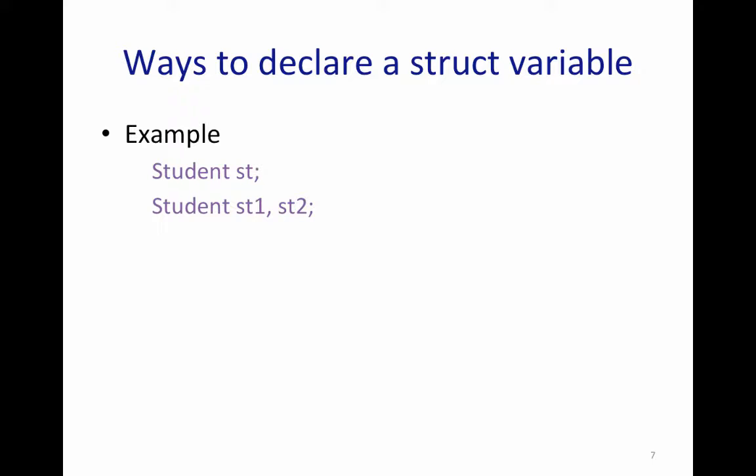So it looks like just any other variable declaration. And you don't have to put the word struct in front of it, it's just student. And in effect, the struct declaration creates a new type that you can now use. So structs are often called user-defined types because they create a new type for you.